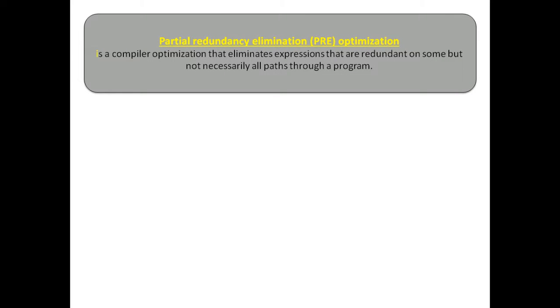Next comes the partial redundancy elimination, or the pre-optimization. It is a compiler optimization that eliminates expressions that are redundant in some, but not necessarily all, parts of the program. For example, we got a warning about return 0, that we have not used a return value for the main function.